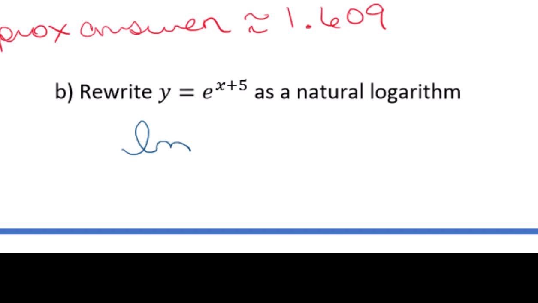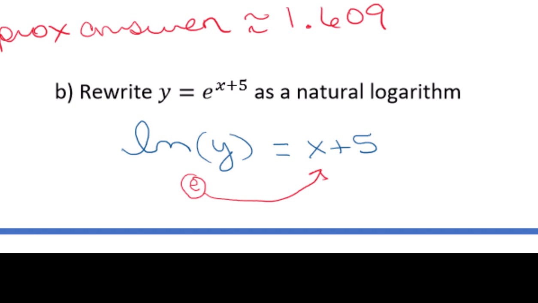Well, the natural log, that is an understood base e, but we don't have to write that e. And remember, the natural log equals the exponent. So e to that exponent should equal our argument, which is y. And you can always check it. Did we have the base of e to the power of x plus 5 equaling our argument? Yes, we did.